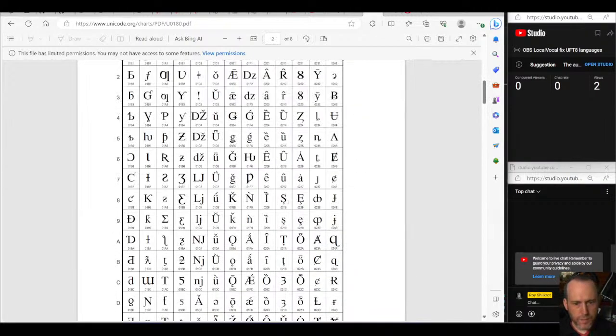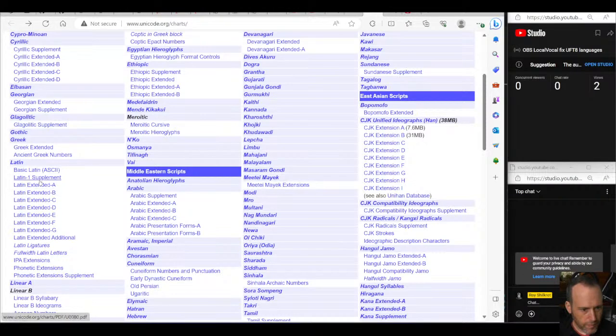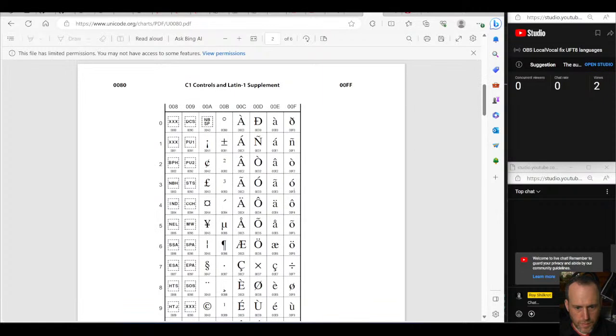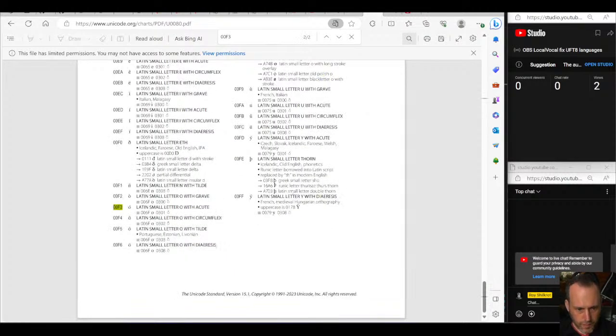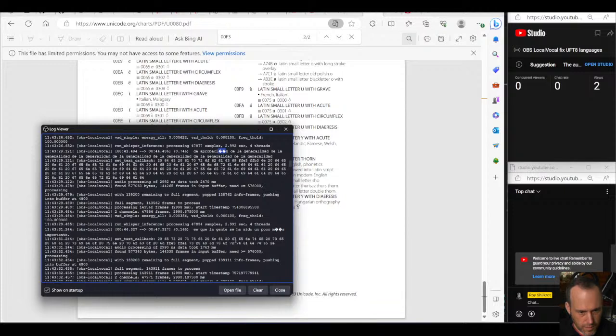What this needs to be is the O. So something like this. F3. Interesting. So we got E3, B3 needs to become 00F3? That makes no sense. Makes little sense.